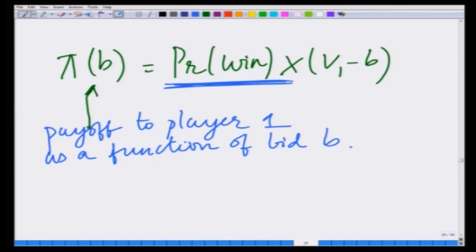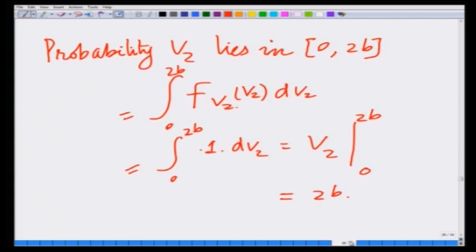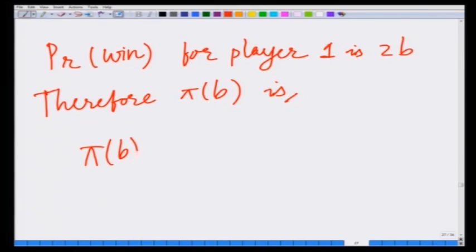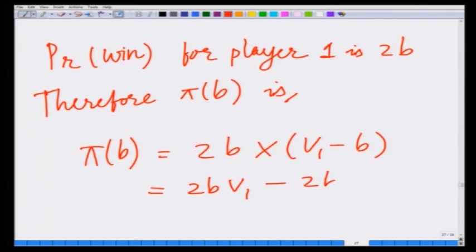The probability of win is 2B as a function of his bid B. Therefore, the net payoff pi of B to player 1 as a function of his bid B is pi of B equals the probability of winning 2B times V1 minus B, which is the payoff on winning, which is equal to 2B V1 minus 2B square. So, pi of B is 2B V1 minus 2B square.